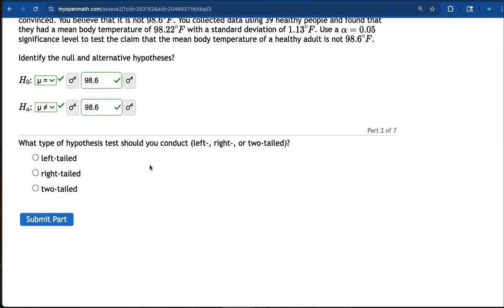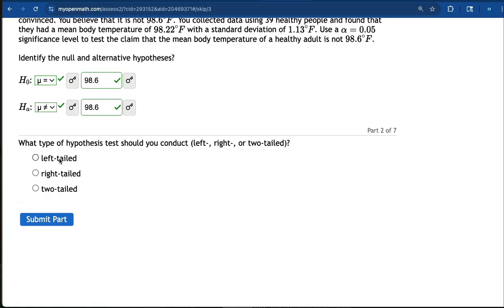So now the question that's being asked, and this is a little different from our previous video, says, what type of hypothesis test should you conduct? Left, right, or two-tailed? That is based on our alternate hypothesis. If the alternate hypothesis had been a less than, it would be left-tailed. A good mnemonic device there is left and less.